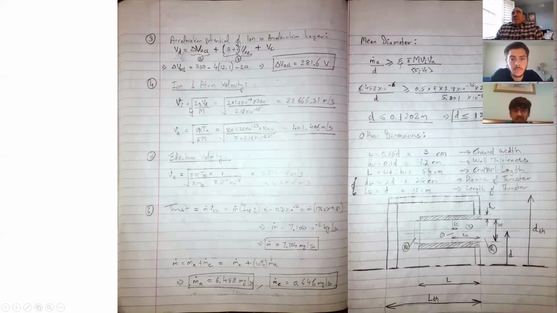It should be 281.6, because it would just accelerate in this stage with 281 volts. It's going to change a little bit, but the ion velocity is about 22 kilometers per second, in that range.